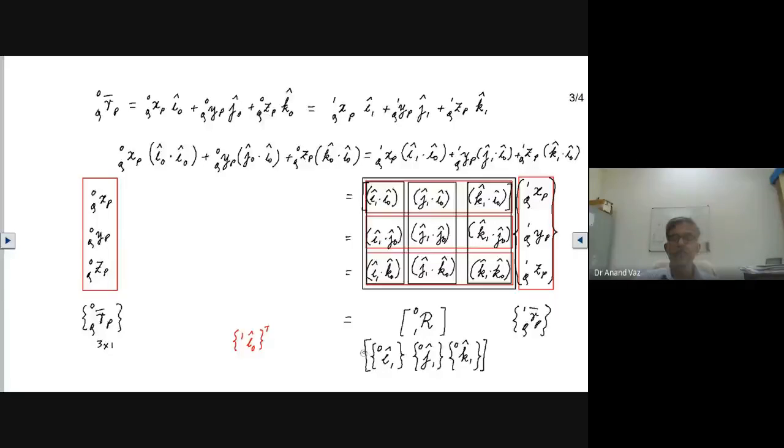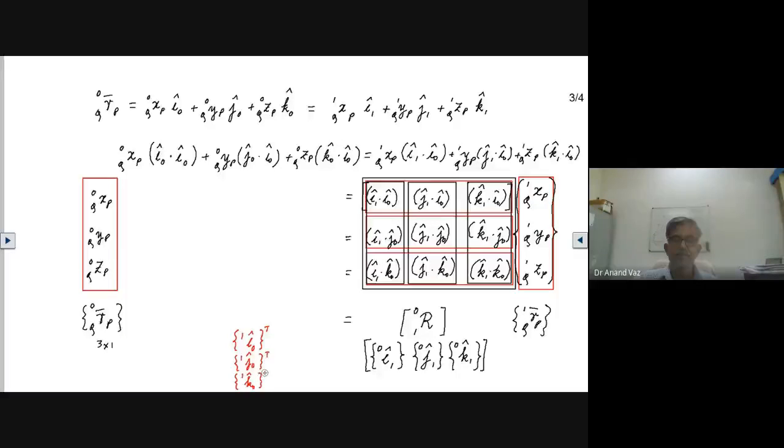Okay. Likewise, you have J naught as the second row. So here you have unit vector J naught expressed in the frame 1. This is our second row. And unit vector K naught expressed in frame 1.